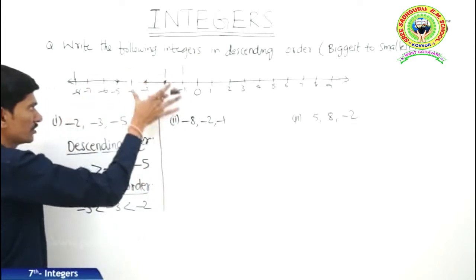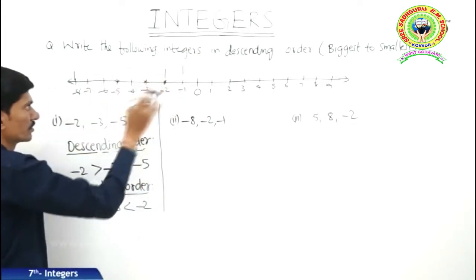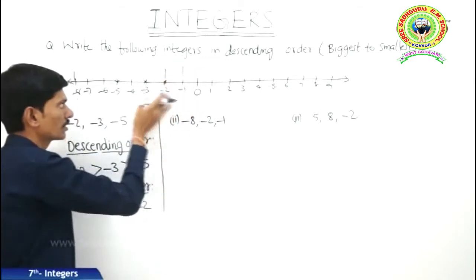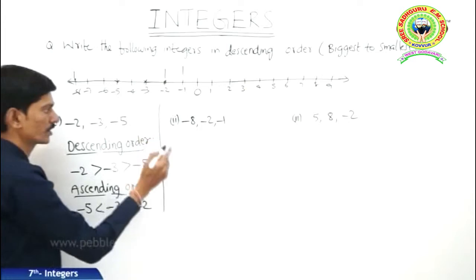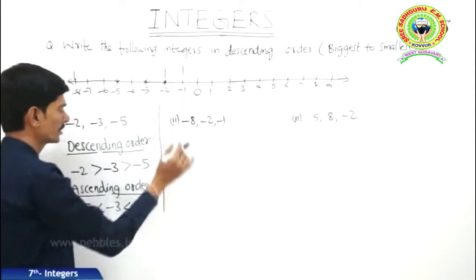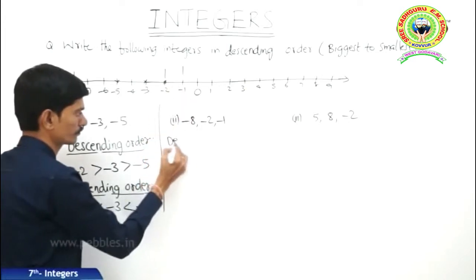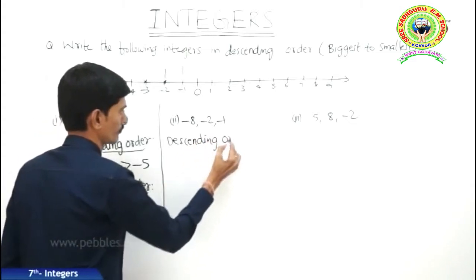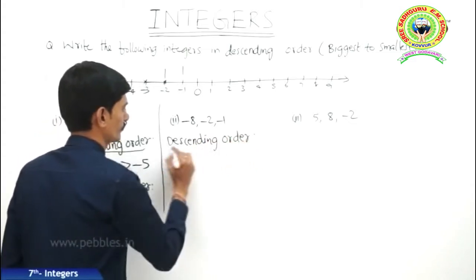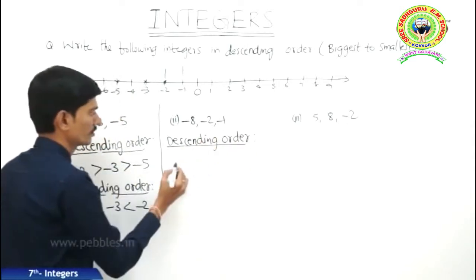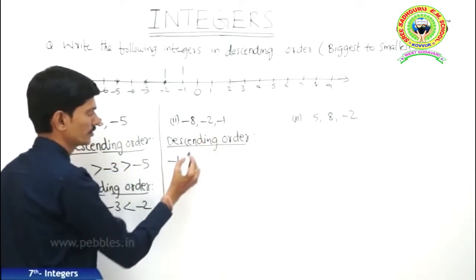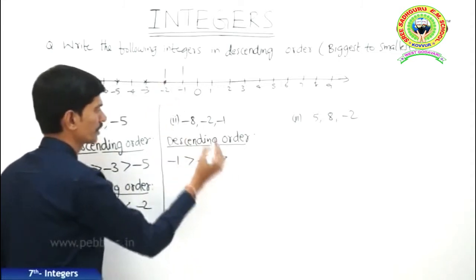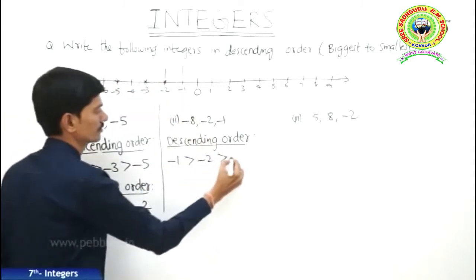Among all these three integers, which is the biggest one? The one which lies to the right of the other integers, that is -1. So we can write -1 is the biggest one, which is greater than the next, -2, which is greater than -8.